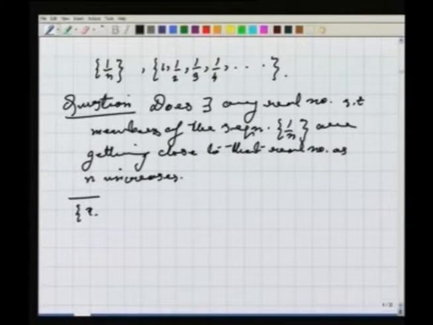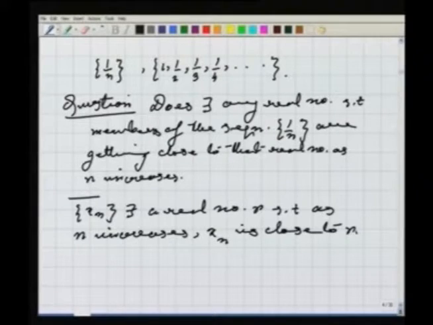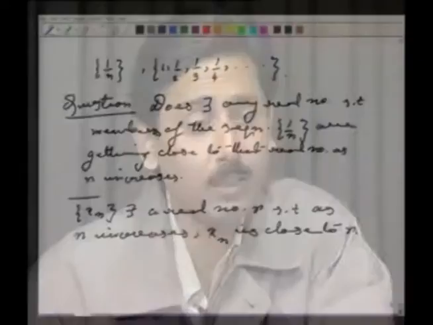So, once again, intuitively what does convergence mean? It means for the given sequence x n, there exists a real number R such that as n increases, x n is close to R. This is an intuitive definition of convergence, but this is certainly not a definition with which mathematics can be done.